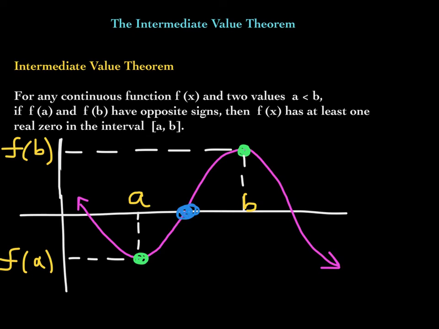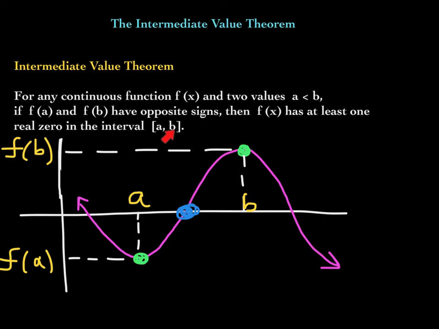So in the next example or two, the instructions will say prove that there exists a zero in a particular interval. So prove that this zero exists. All you have to show is that when you plug in this left endpoint into your function, you get positive or negative, and then when you plug in this endpoint, you get the opposite sign.